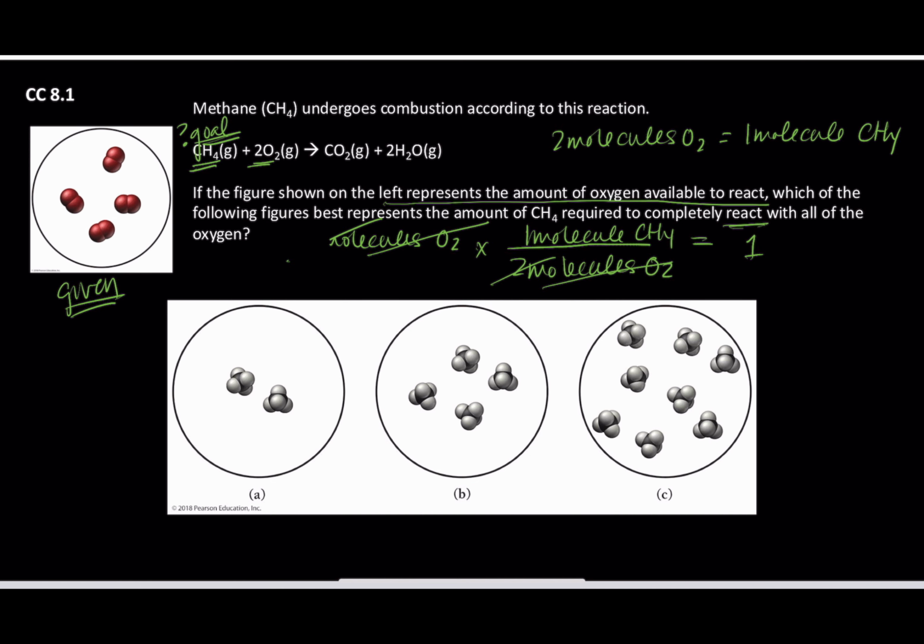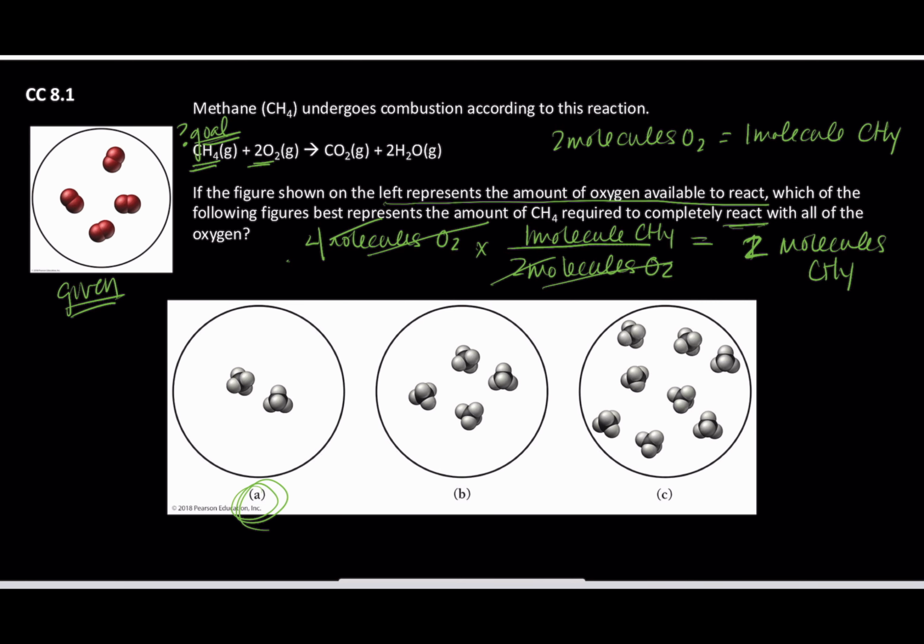This is 4, which means this would be 2 molecules of CH4, right? Which then gives us this. Yes, does that make sense? And again, this goes back to what I said previously, where moles, right, is just a scaled up, defined number of particles, right? And which is why we can use this as a molecule or mole ratio, depending on what we're trying to do.